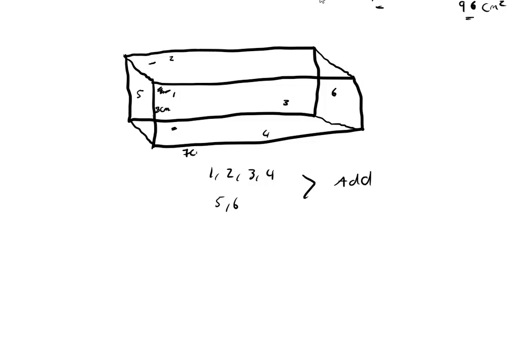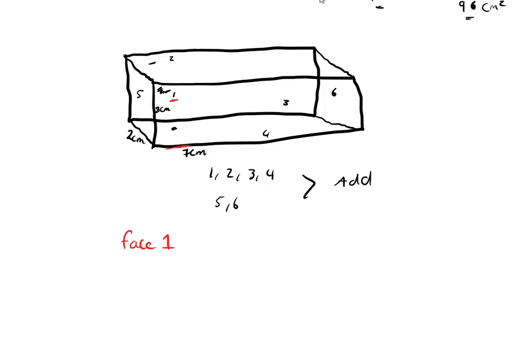Let me just make sure they're centimeters. And then this line over here is going to be 2 centimeters. And then we have enough to begin to calculate. Okay, so to get the area of face 1, I'll just mark this in red, might make it a bit easier. So face 1, which is this face here, we need to get the length, which is 7 centimeters. So let's record this.